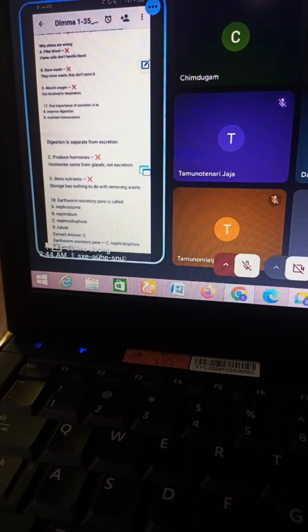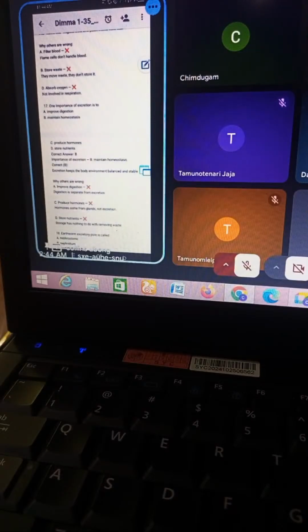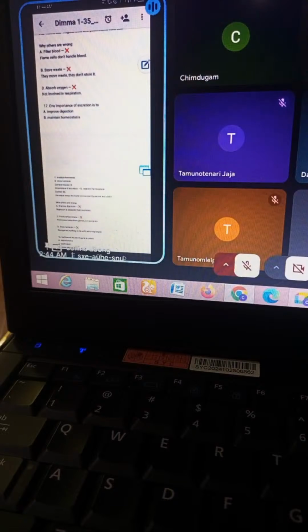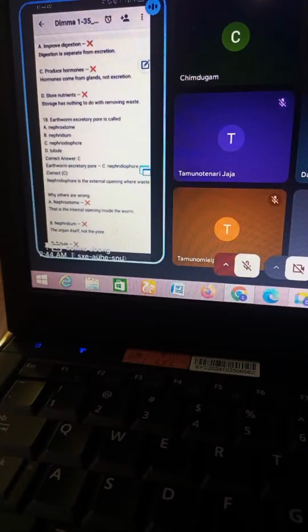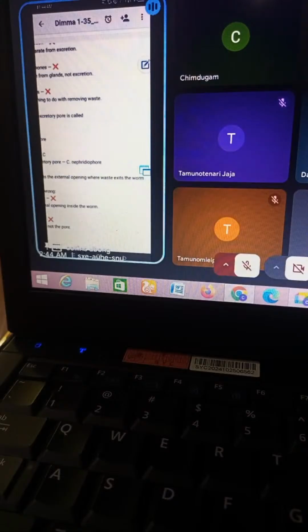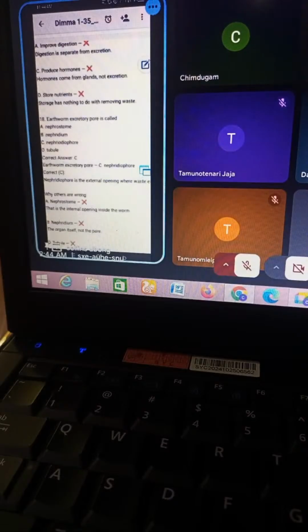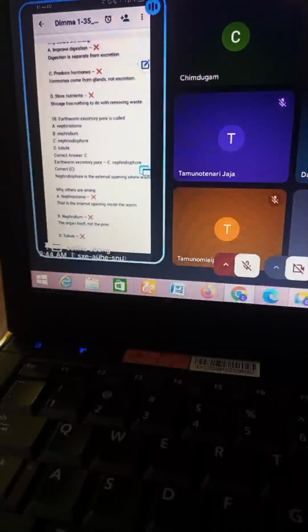Number 18. Earthworm excretory pore is called, and the answer is C, the pore. Earthworm excretory pore is called the pore, and the pore is the external opening where waste exits the wall. The reason why the others are wrong.